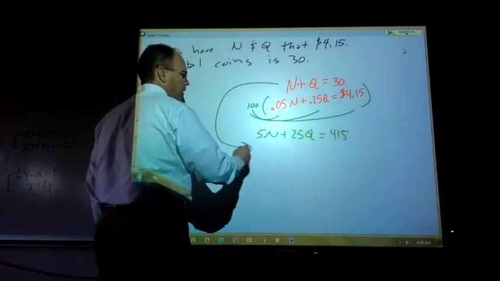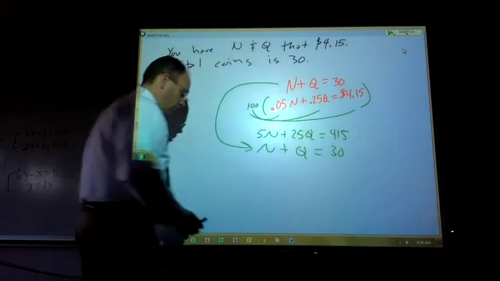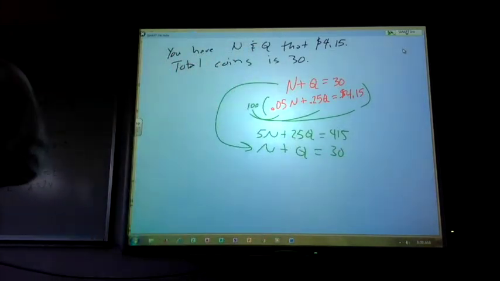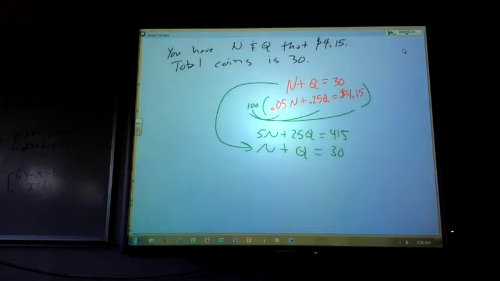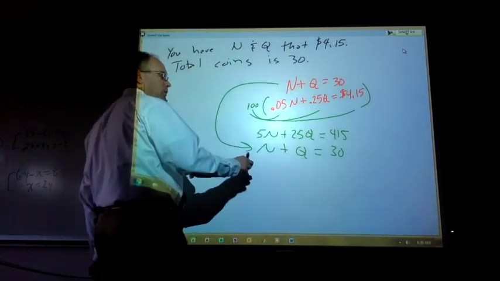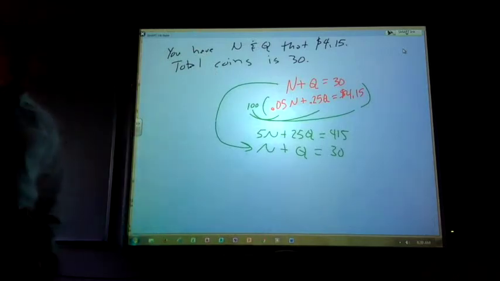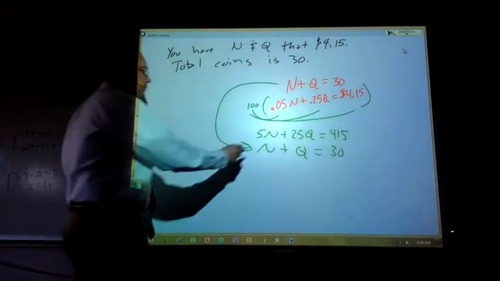And then I'm going to bring my other equation down. N plus q is equal to 30. Would you like to get rid of nickels or quarters first? Your choice. I could multiply this whole thing by negative 5 or negative 25. Negative 5, I like it.